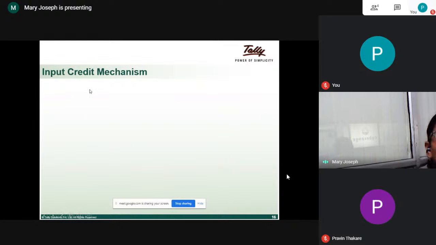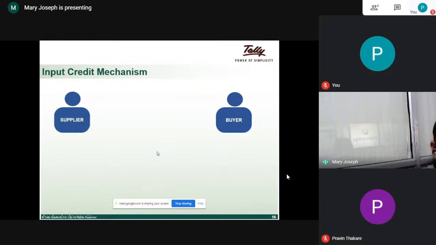Input credit mechanism. Now we are going to see what the input credit mechanism is. In this, we have a buyer and a supplier. The supplier sends the tax invoice to the buyer. Then the buyer receives the goods and the service.